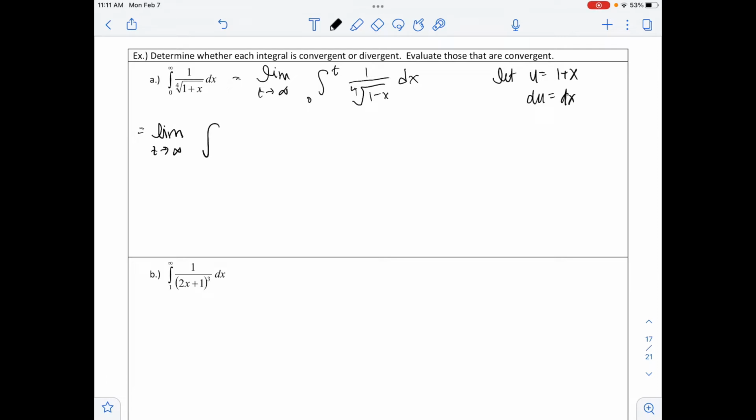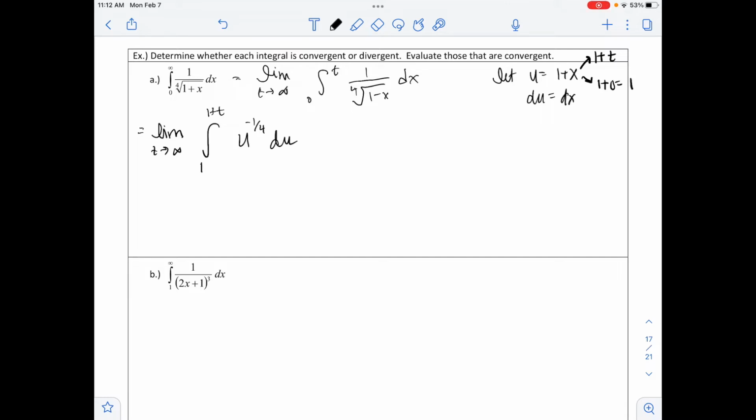So we're going to have the integral, and I'll change those limits of integration in just a moment. And this was the same as 1 plus x to the negative 1/4 power, or u to the negative 1/4 power, du. And our upper limit of integration is going to be 1 plus t, and our lower limit is going to be 1 plus 0, or just 1.